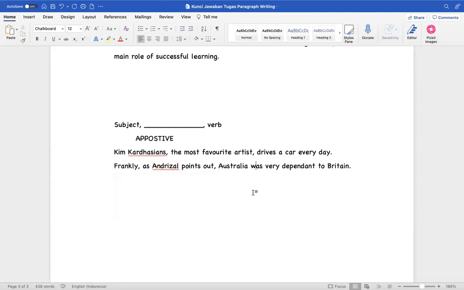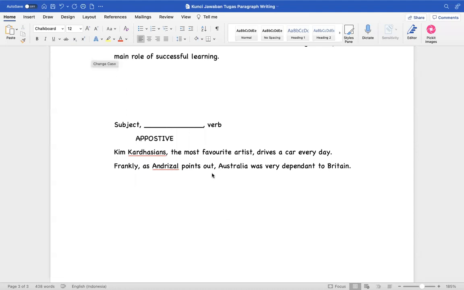Andrizal here is not the subject, because we have to always remember that a subject is the very beginning of a sentence, the starter of a sentence. If you have as here, then Andrizal is not the subject. Thus, points out becomes the non-finite.